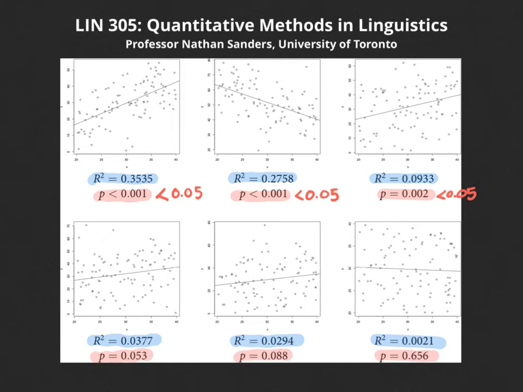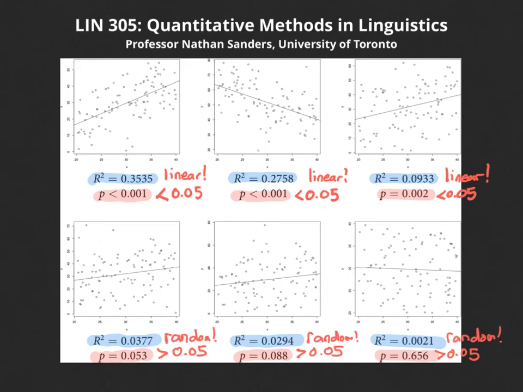That is, in these 3 cases, y seems to have a genuinely underlying linear relationship with x. In the bottom 3 cases, however, p is greater than 0.05, which means we fail to reject the null hypothesis, and therefore we can't determine that y has a linear relationship with x. It seems to be purely random.